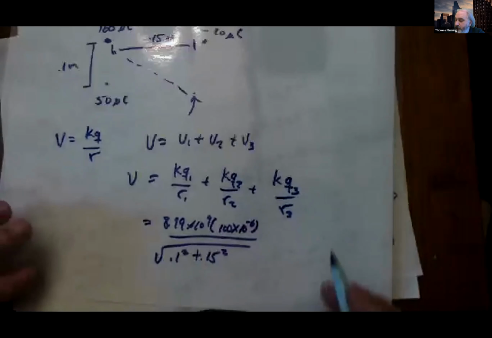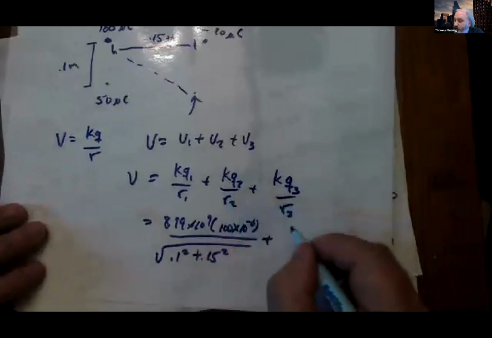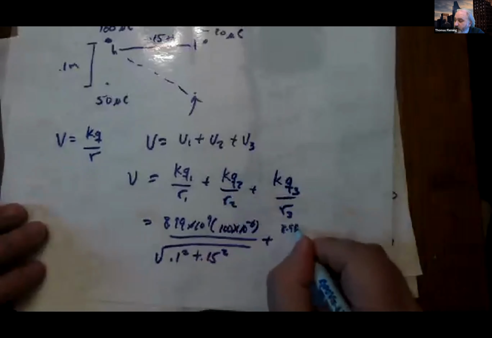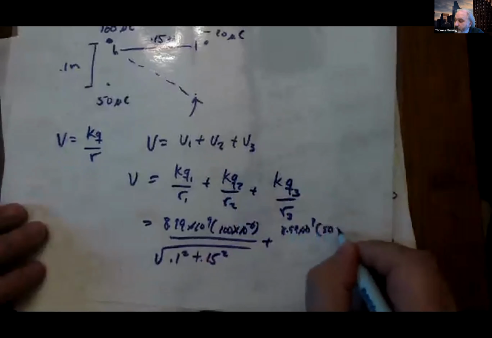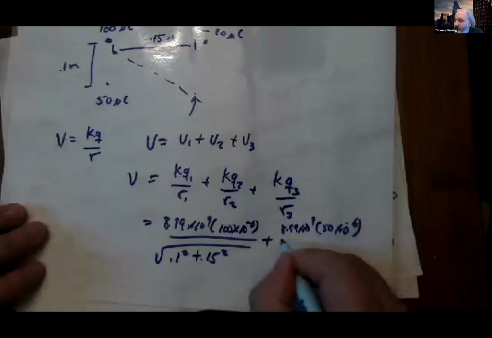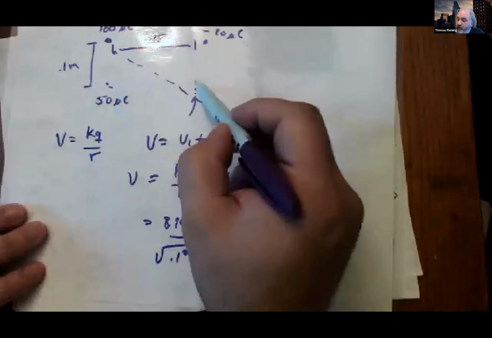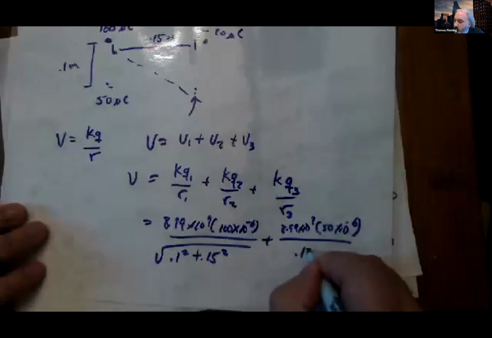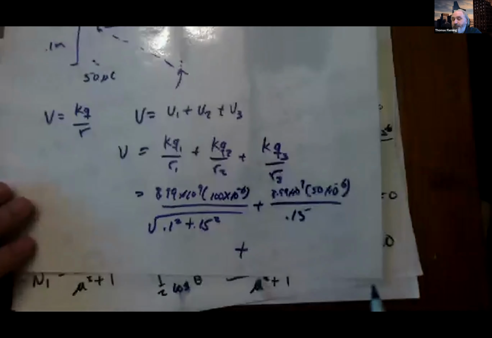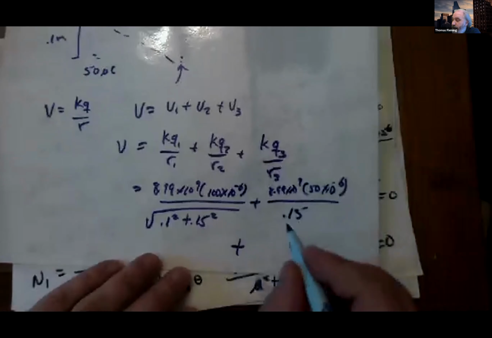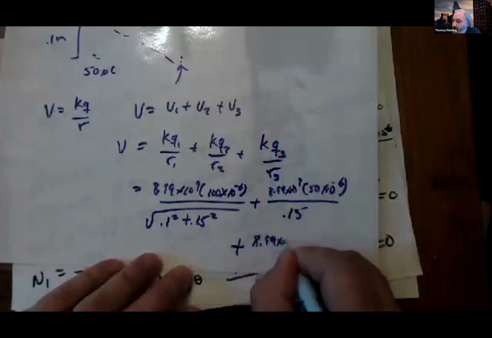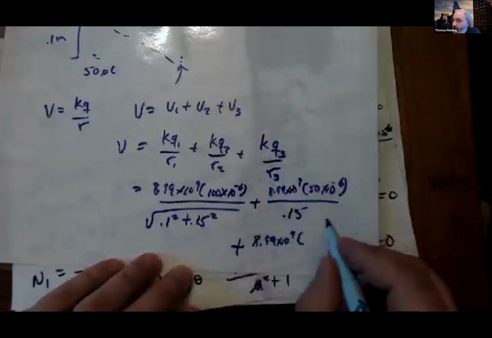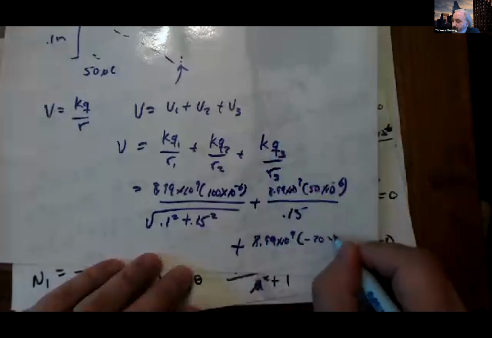that, which we've already figured out, plus for the KQ2, it's going to be 8.99 times 10 to the 9th times 50 times 10 to the minus 6 divided by, well, for this guy, from here to here is 15 centimeters, plus, ran out of room, this 8.99 times 10 to the 9th times Q3, which is negative 20.